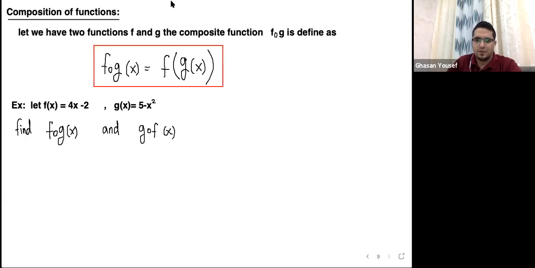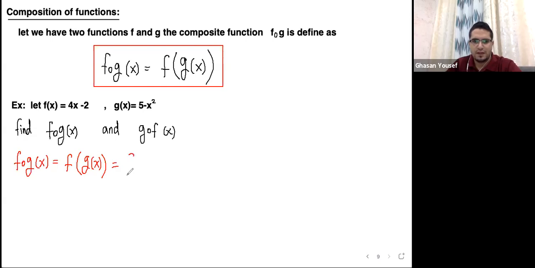Okay, to do the first one, f circle g of x is the same as f of g of x. This means we have to plug the g of x inside the function f.